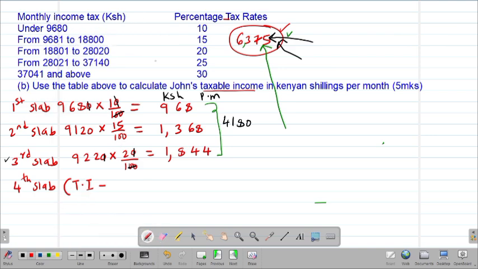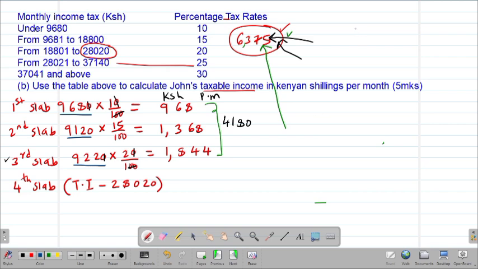In the fourth slab, you're supposed to have the 25%. The amount coming immediately before the fourth slab was 28,020, so we subtract 28,020. Remember, this amount can also be found by adding these values, this one plus this one plus this one.